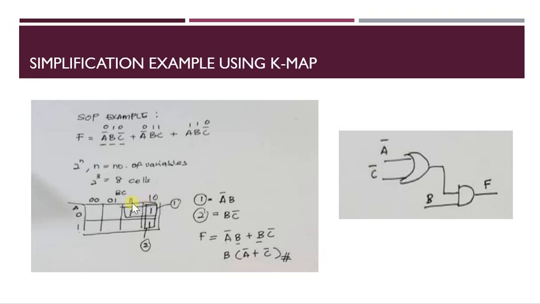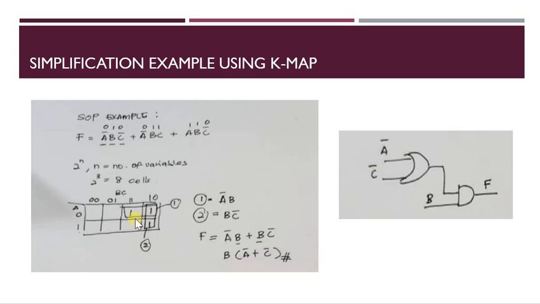For BC, there are two variables, so we must have two bits for each cell. We start with 0, 0, followed by 0, 1. After that, 1, 1. Remember that we only need to change one bit at a time. After that, 1, 0. From 0, 1 to 1, 1, only one bit changes, which is B. From this cell to this cell, only one bit changes as well, from 1 to 0 for variable C. Once we have the K-map cells, we determine the bits for each of the variables in each cell.